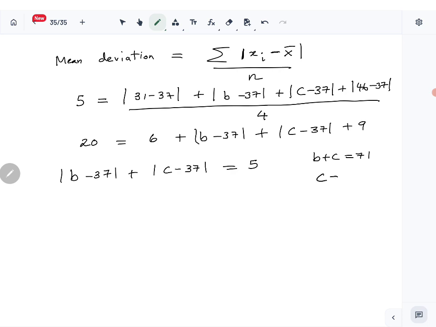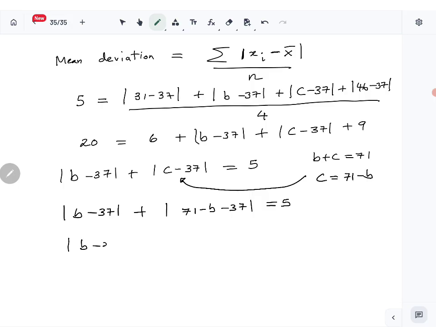So C is equal to 71 minus B. I will replace that here. |B minus 37|, and this one becomes 71 minus B minus 37. So then |B minus 37| plus |34 minus B| equals 5.